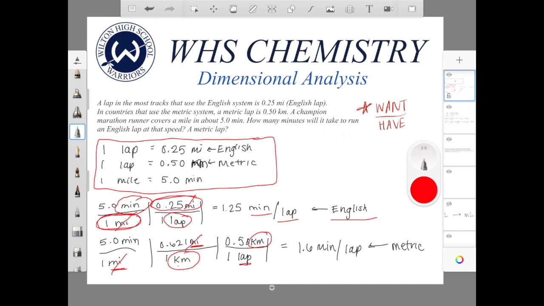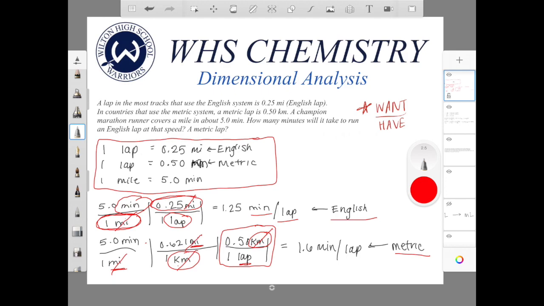This is straight from our problem, because 1 metric lap is equal to 0.5 kilometers. Then our kilometers cancel, leaving us with the final units of minutes per lap. We do the multiplication across: 5 times 0.621 times 0.5 divided by 1 is equal to 1.6 minutes per lap. And that's for metric. So that's how we do that problem.